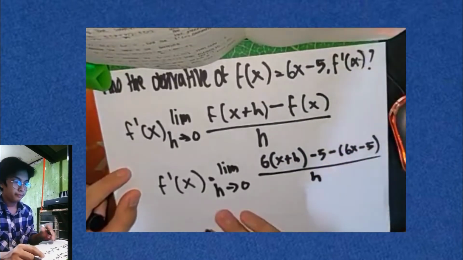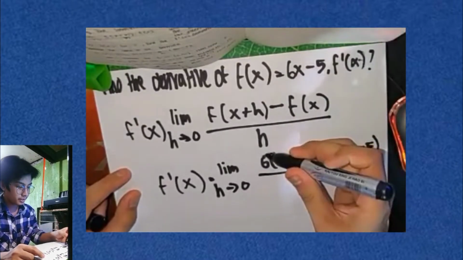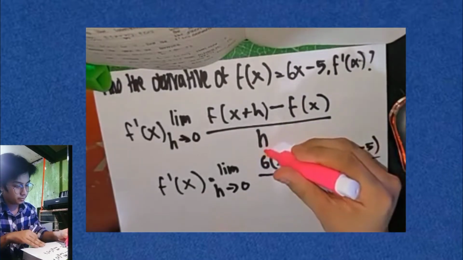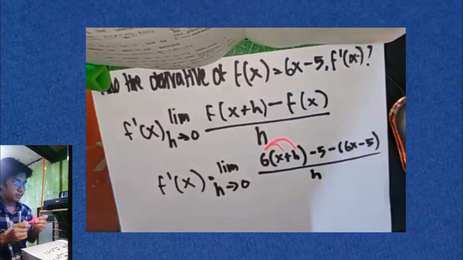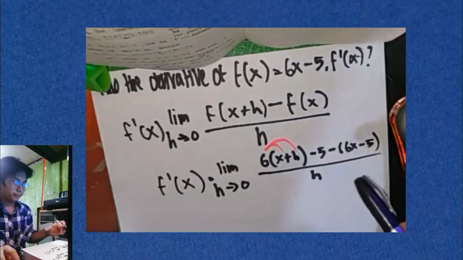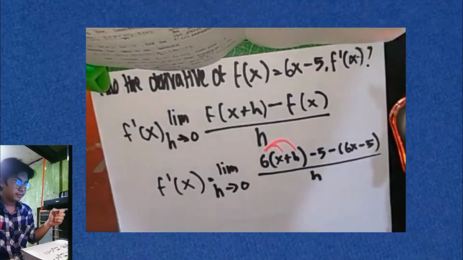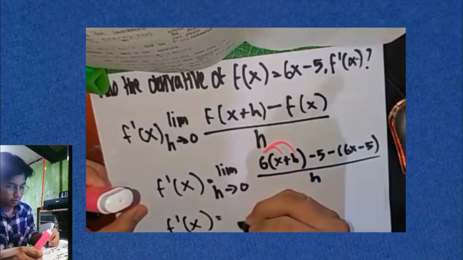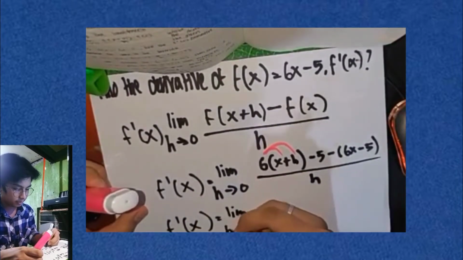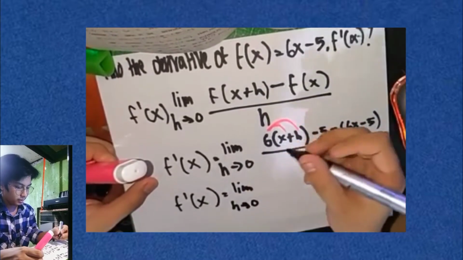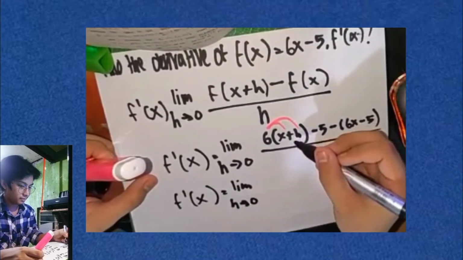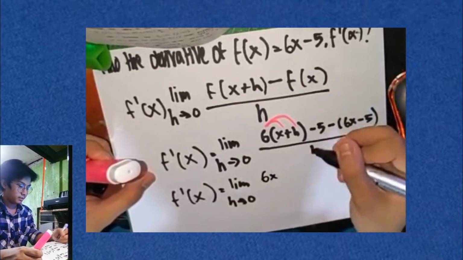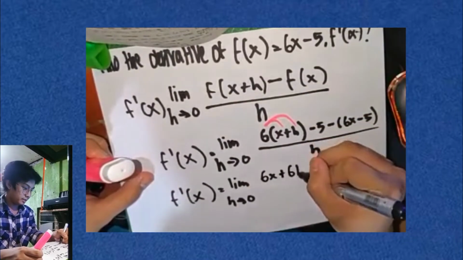Then we will distribute first the 6 to inside. So f prime of x equals limit of a function h approaches 0. So 6x plus 6 times 6x plus 6h.